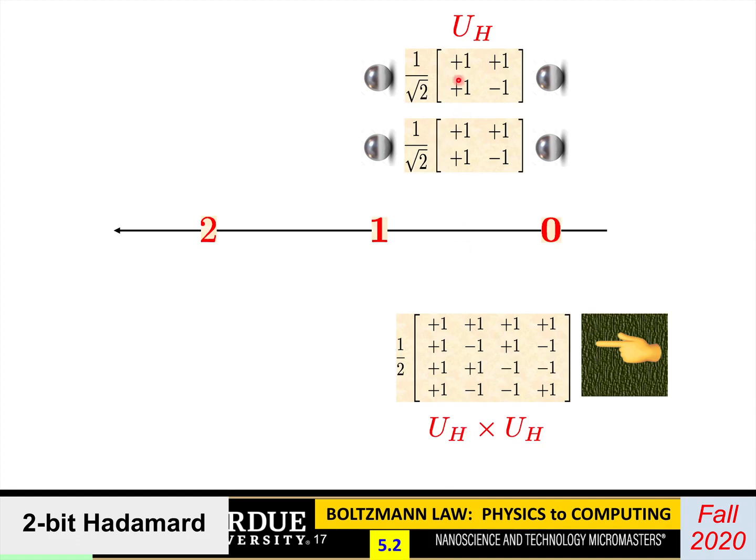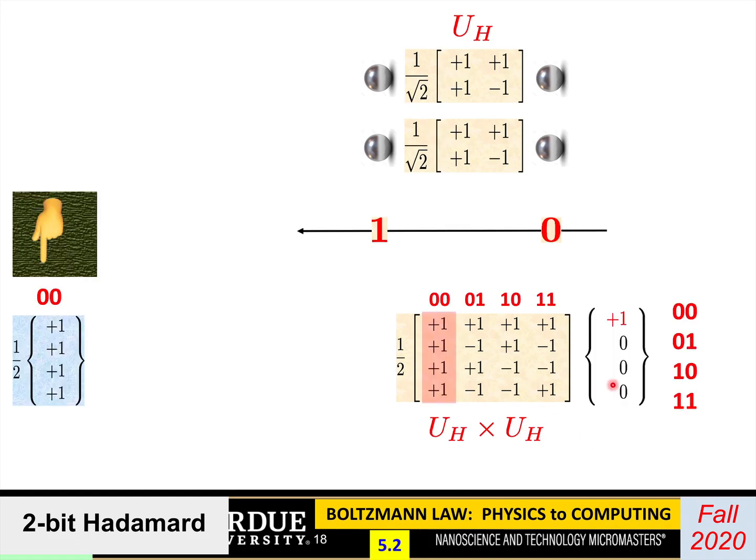These were all 2 by 2 matrices. When you take a Kronecker product, you get a 4 by 4 matrix, and that's what transforms these composite states. So the composite states are now given by 0 0, 0 1, 1 0, and 1 1. So if you start out all in the 0 0 state, then what would you get?